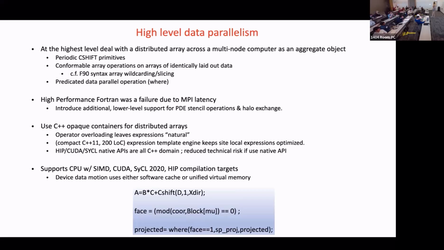QDP++, for example, was written before 2011, right? Using C++98, the language features then weren't there to write an ET, so they use this thing called PETE, the code for an expression template engine that generates something like 100,000 lines of code for all of the combinations of matrix times vector, matrix times matrix, etc. in each of the combinations, spin, color, something else, I can't remember.